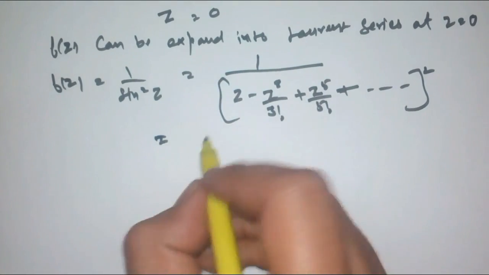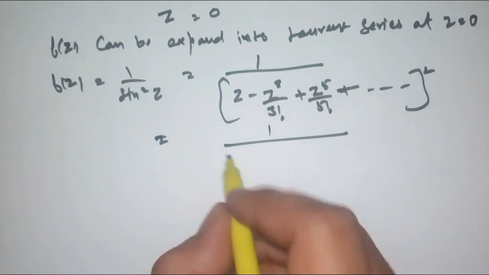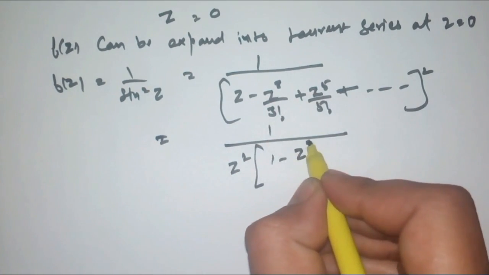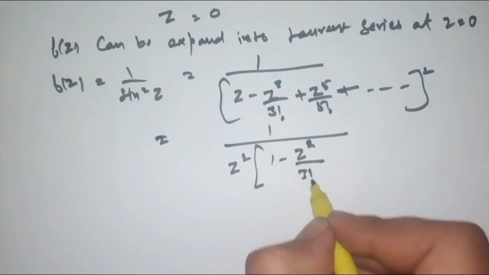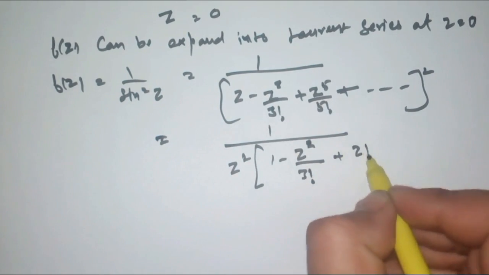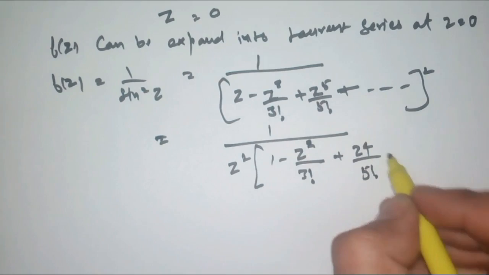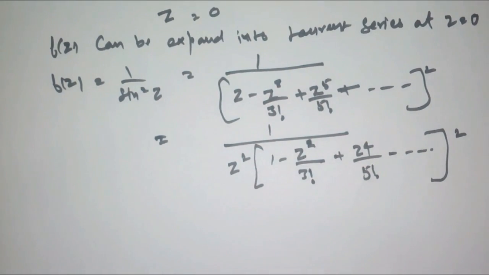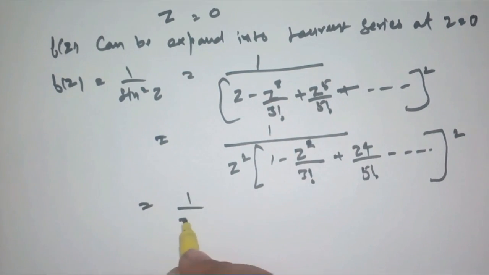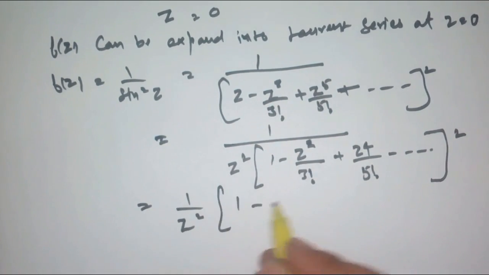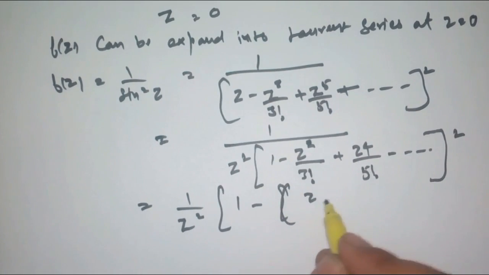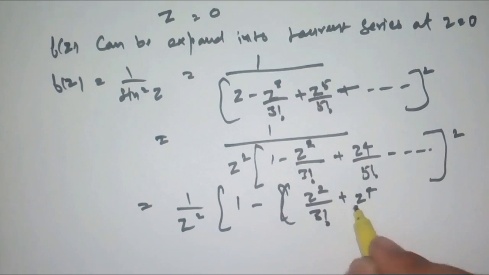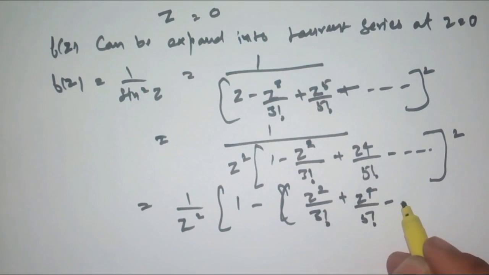Further it can be written as 1 upon z square times 1 minus z square upon 3 factorial plus z4 upon 5 factorial minus and so on, whole square, which will become 1 upon z square times 1 minus z square upon 3 factorial plus z4 upon 5 factorial minus and so on, to the power minus 2.